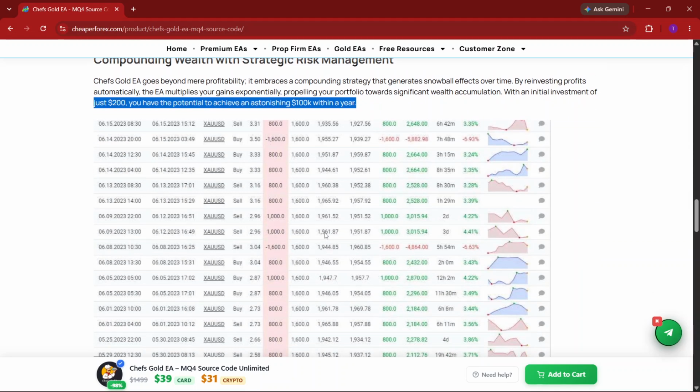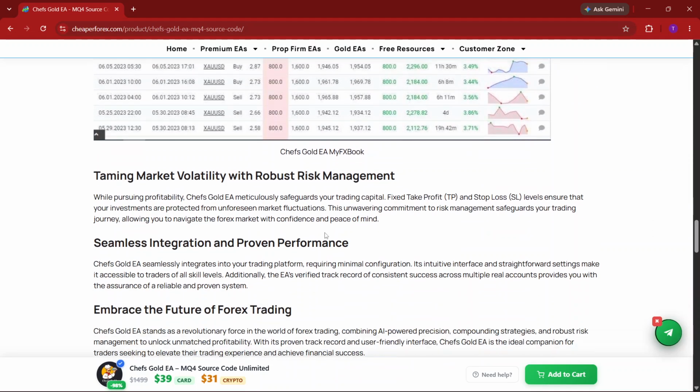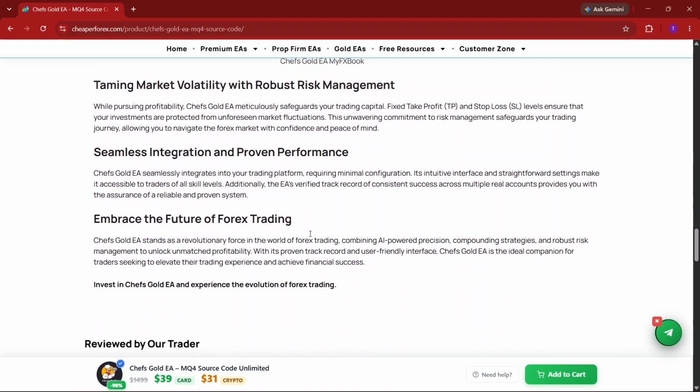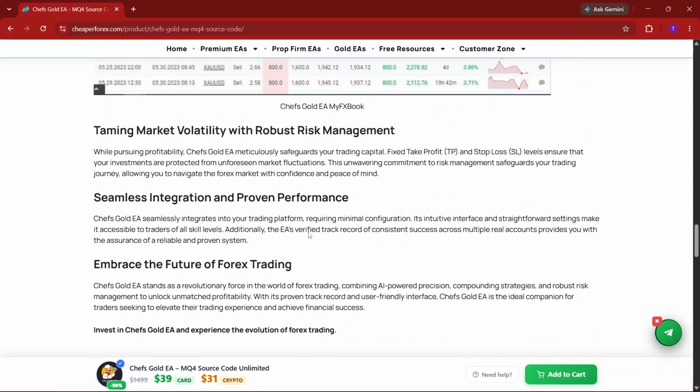Risk management is described as fixed take profit and stop loss levels that protect the account from big swings, and they emphasize that the EA is designed to keep things controlled while still delivering consistent results. And that's the story the developer is telling: pattern recognition dressed up as AI, fixed take profit and stop loss, automatic compounding, and big growth numbers if everything goes right.